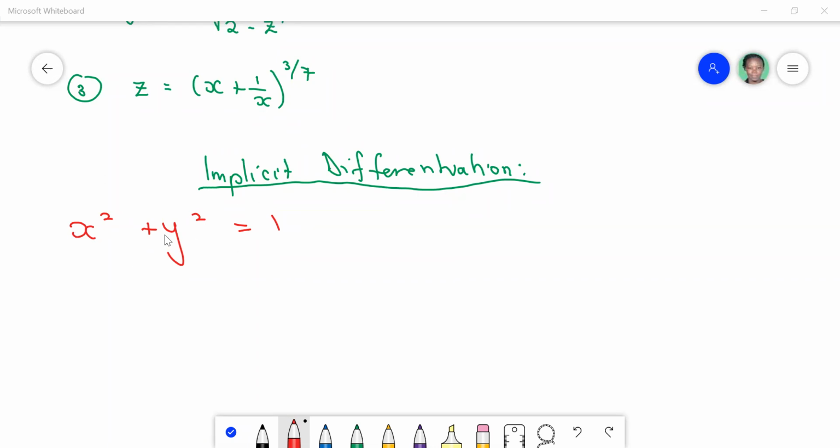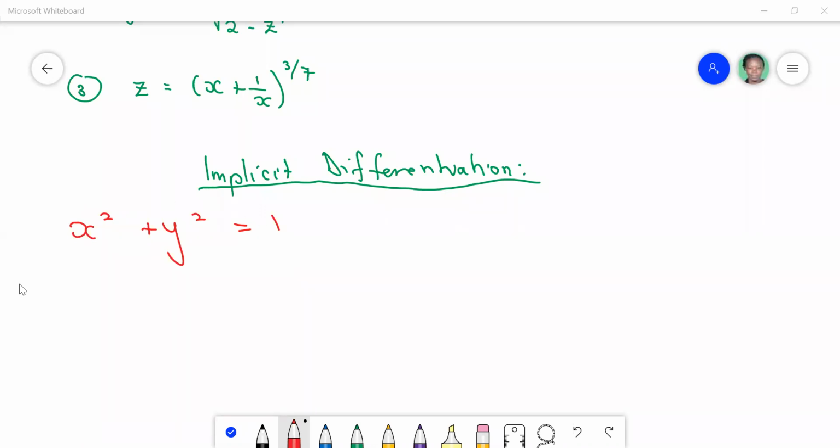So I want to find the differentiation for this. Imagine that y is a function of x and obeys this implicit equation.